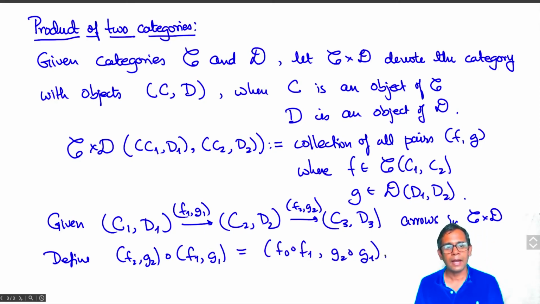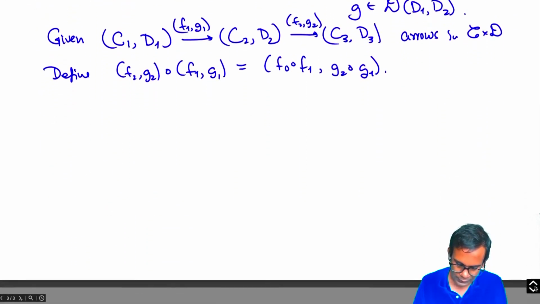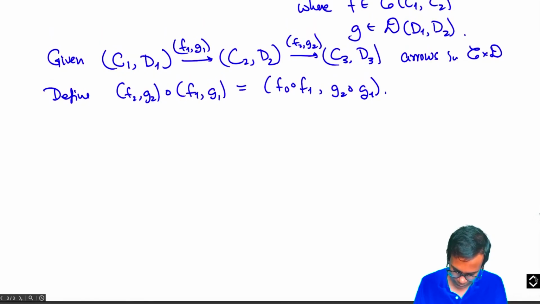So this defines the category C cross D, and I claim that this category is a product in the category of categories. So this C cross D comes with two functors.